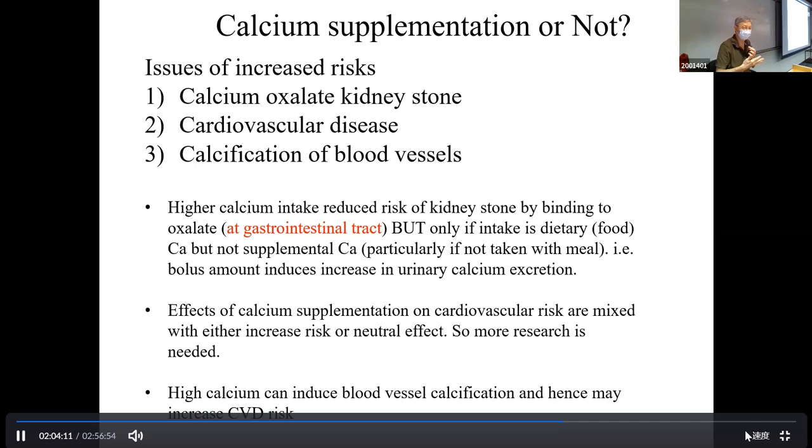In general, of course, if it is too high, then obviously it will put a higher risk. But if it is a low supplementation level, likely it is not going to have these kinds of effects.